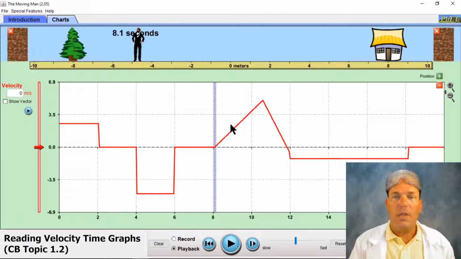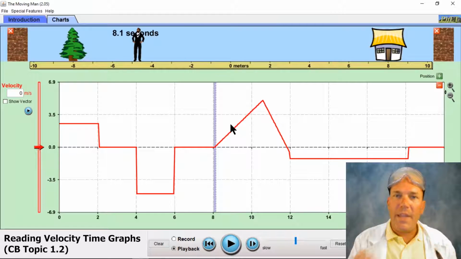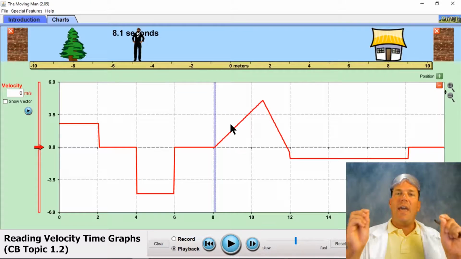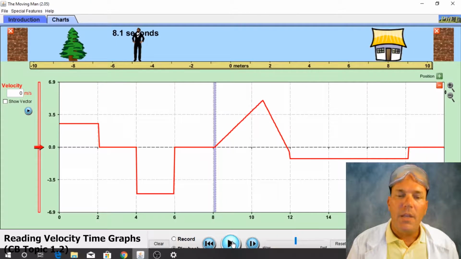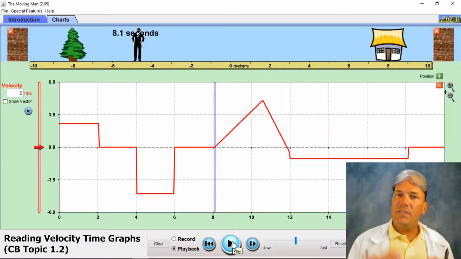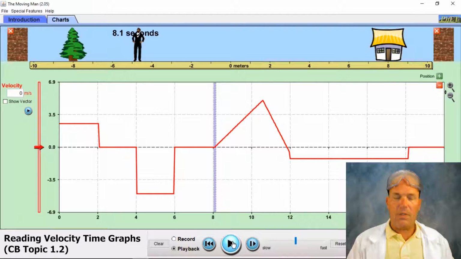That's critical. So we're going to see the man's velocity increasing, but the rate at which it increases will remain constant, as you can see, because we have a constant positive slope. This corresponds to the man accelerating, because an increasing or changing velocity over time is by definition acceleration.